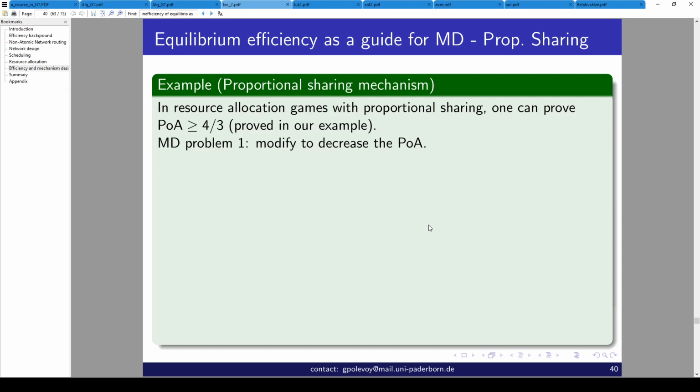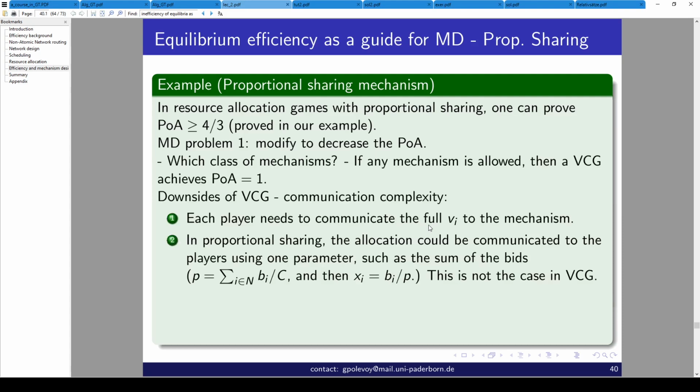That's always the problem, that people get confused with how exactly they define the prices of anarchy and stability, what they divide by what. So one of the mechanism problems we can think of is how we can motivate players to decrease the price of anarchy, to make it closer to 1. The question, of course, is among which mechanisms are we choosing? If any mechanism is allowed, then the famous VCG, which we have not studied here, but that's a very classical mechanism, can achieve an optimum allocation.